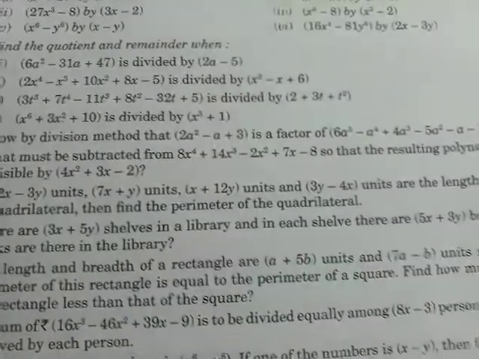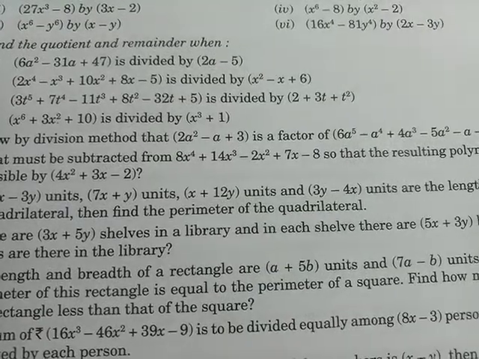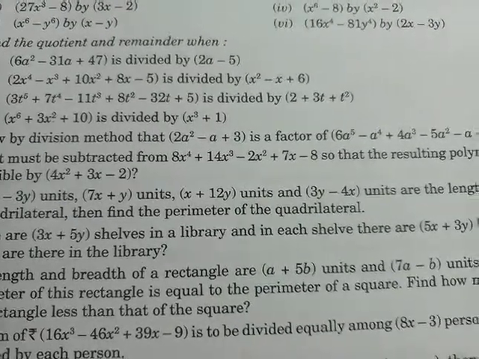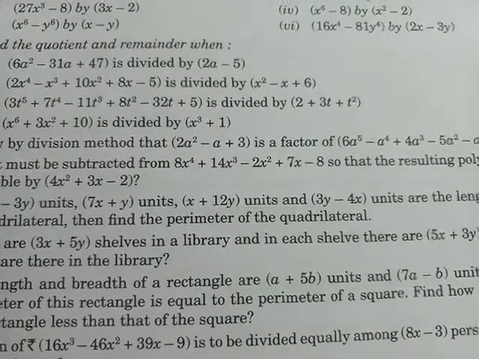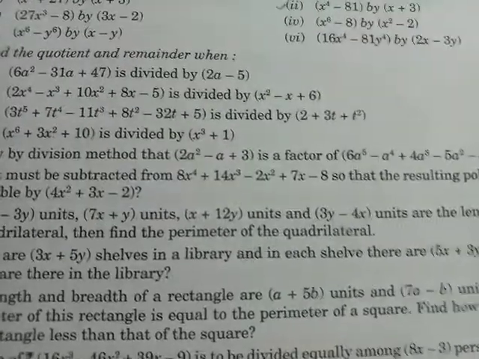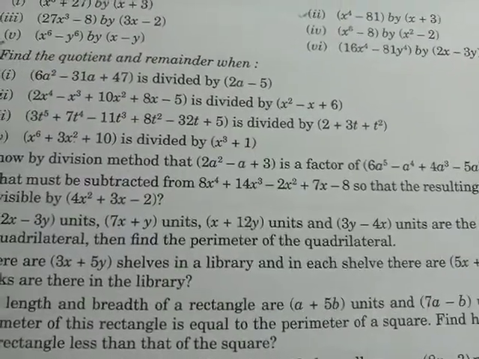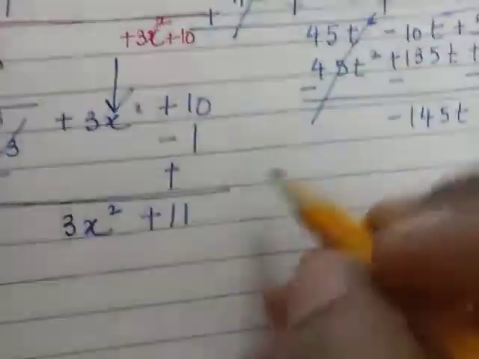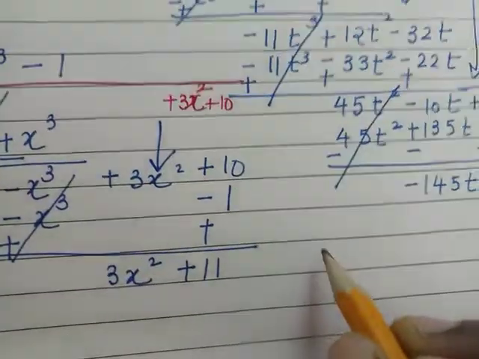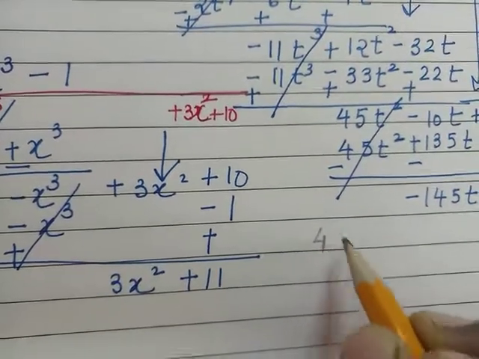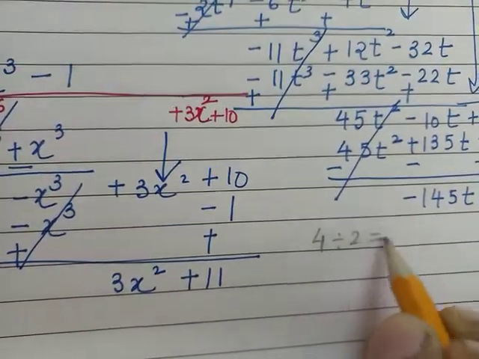So when any number is a factor of any given number, then it's very sure that number is exactly divisible by the given factor. Suppose I say 2 is a factor of 4. That means 4 is exactly divisible by 2.